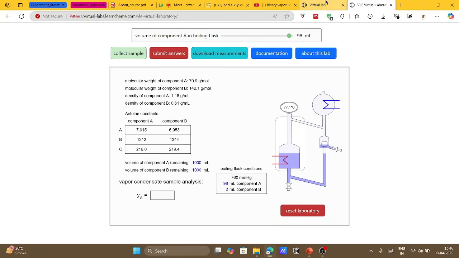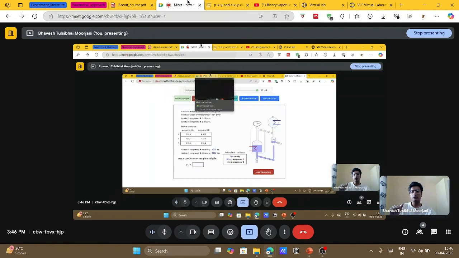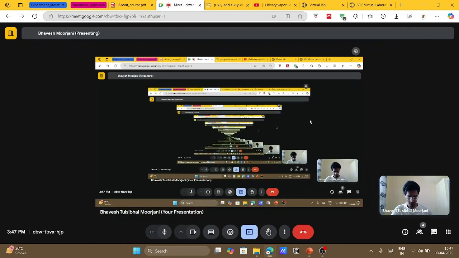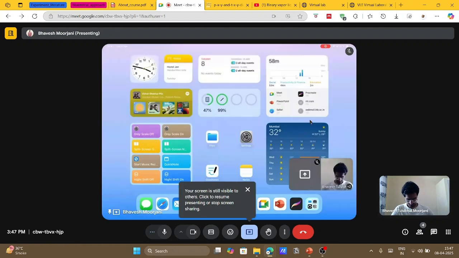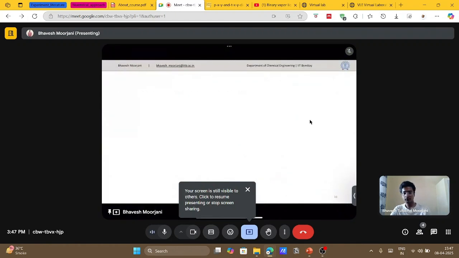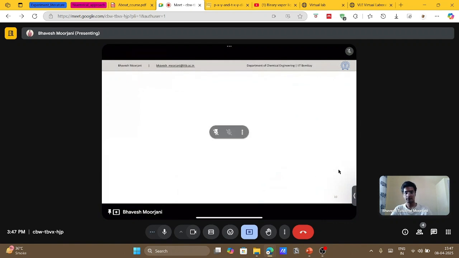So this is the experimental aspect, but in order to understand the theoretical calculations, we have to use this experimental data to fit our theoretical models. So for that, we will rely on some theoretical models.